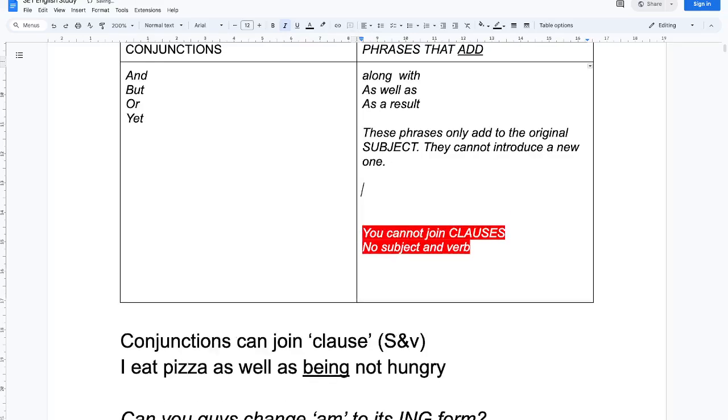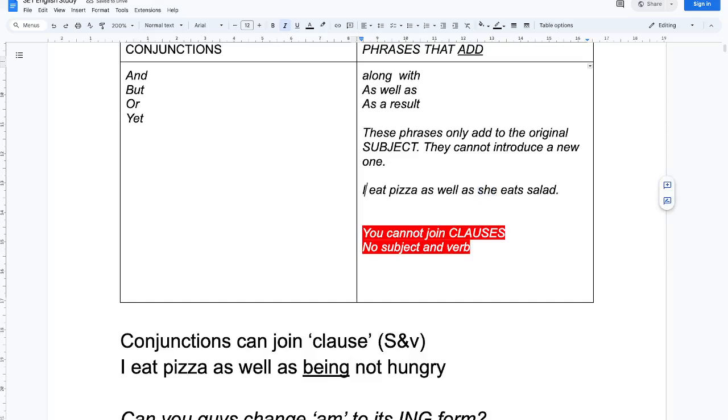Look, if I say, I eat pizza and she eats salad, well, we have two subjects, right? We have she and we have I. With and, that's okay. But if I say as well as, I'm not allowed to bring a new person in.